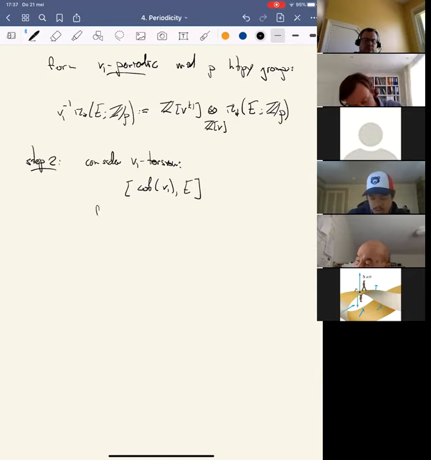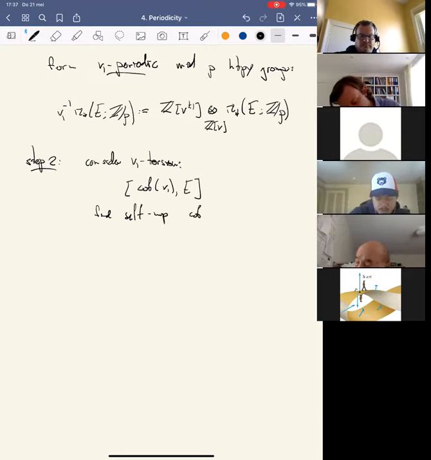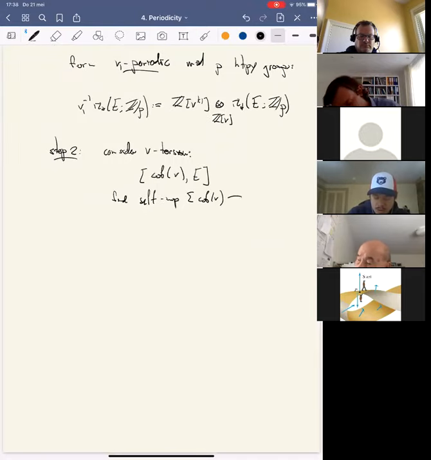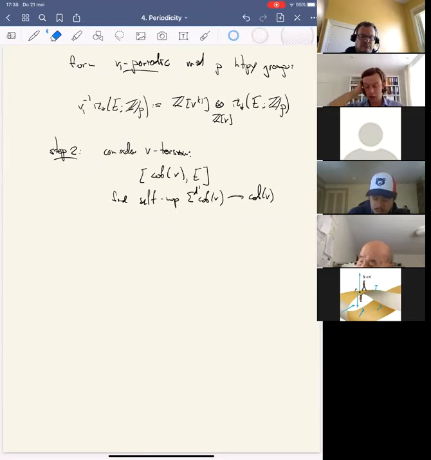So you find a self-map that's not nilpotent from some suspension of the cofiber of v1 to itself. Again, I'm mixing up the notation between v1 and v. This is really just this v again, but some suspension, different degree.